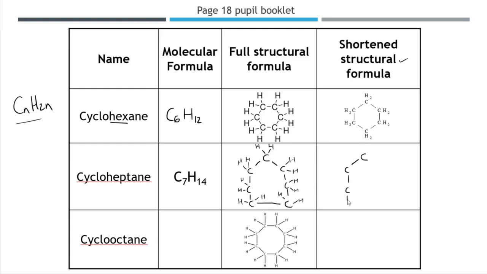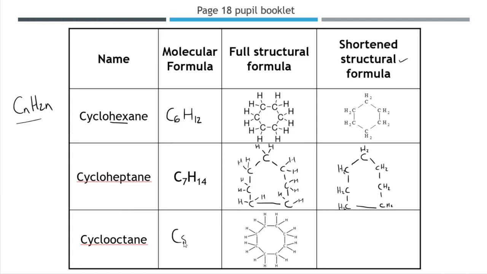So let's put in the carbons as we had them, like this, and then we can put in the hydrogens just next to each carbon, H2, group them together. We do not need to draw these bonds in because we're drawing our shortened structure this time. And there we go.